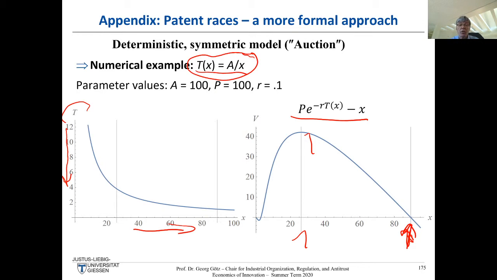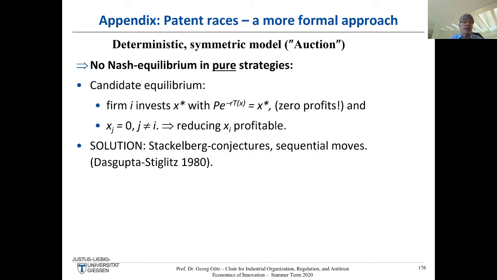So the story I'm telling you is that no Nash equilibrium in pure strategies exists in such a deterministic model. This goes back to another paper of Dasgupta-Stiglitz. This is not the same paper we had in chapter 3, but a different paper on patent races.